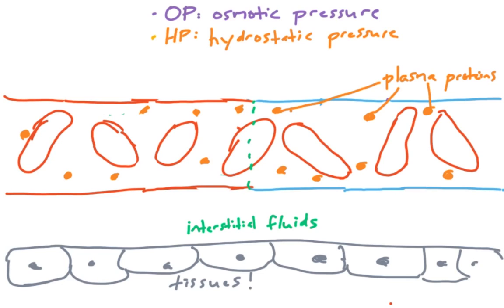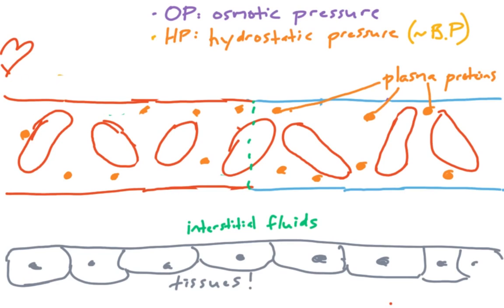Hydrostatic pressure, you can really think about as being almost identical to blood pressure. And so what is the source of pressure in our vessels, right? Coming from the left end here, first, the main thing that should come to mind is our heart, right? The heart is the source of these hydrostatic pressures on the arterial end of things.